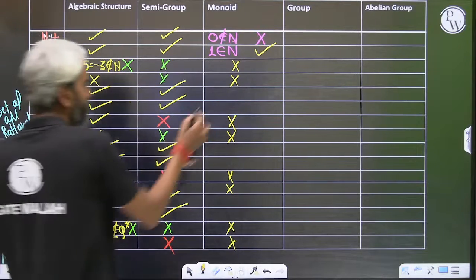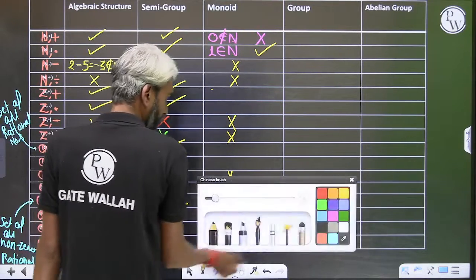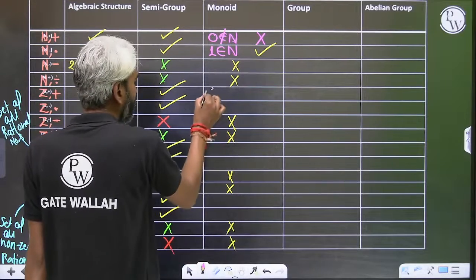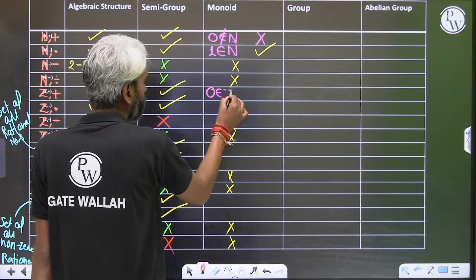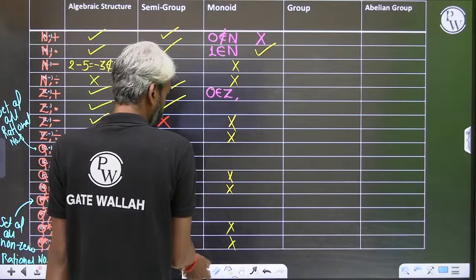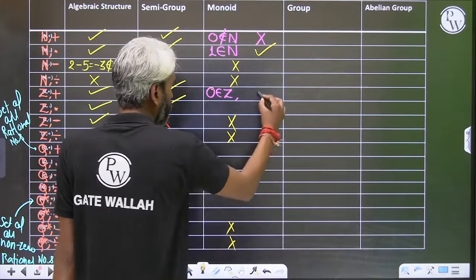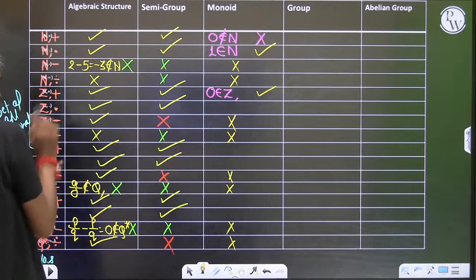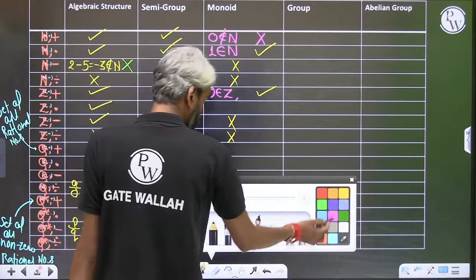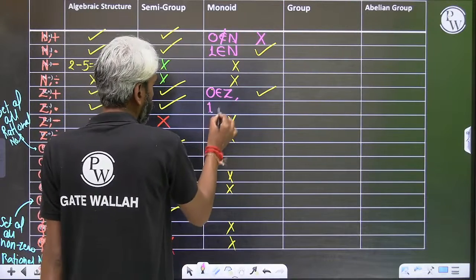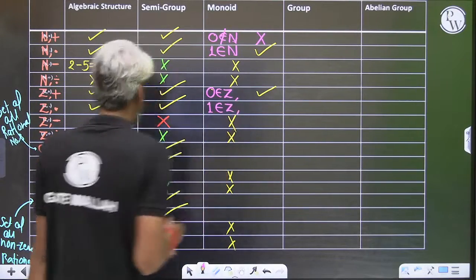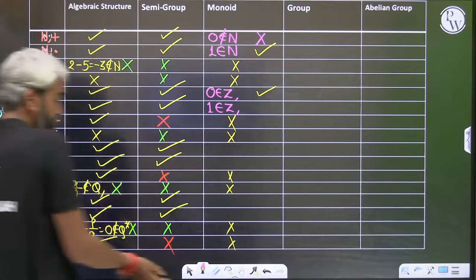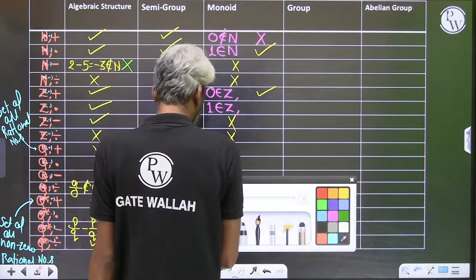In the set of integers, 0 is the identity, and 0 belongs to the set of all integers, therefore, also a monoid. Sir, 1 belongs to the set of integers. Therefore, the set of all integers with respect to multiplication is a monoid.